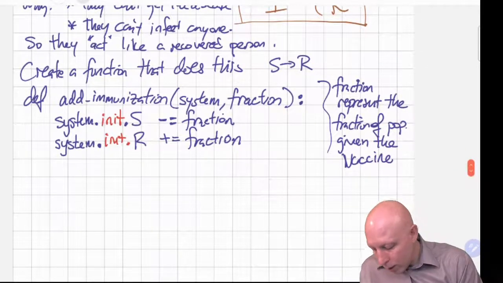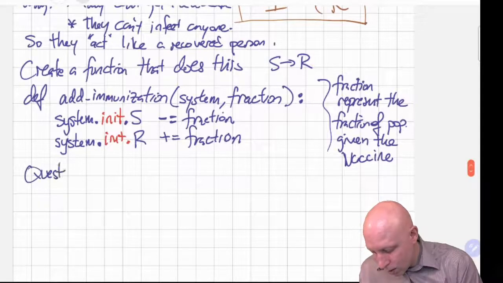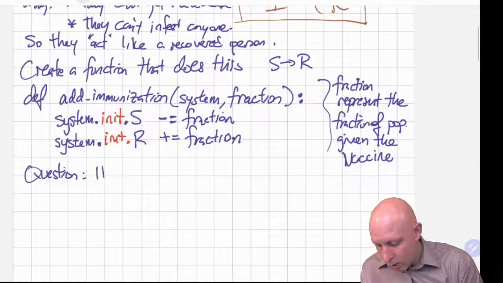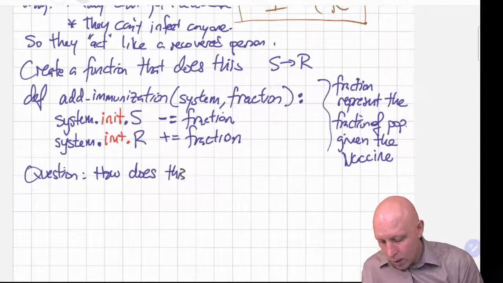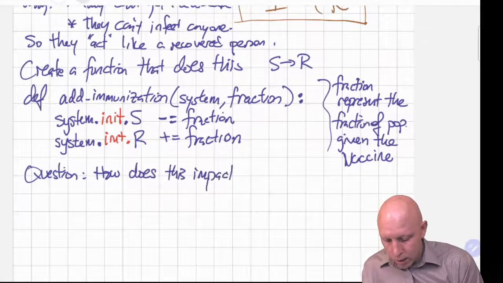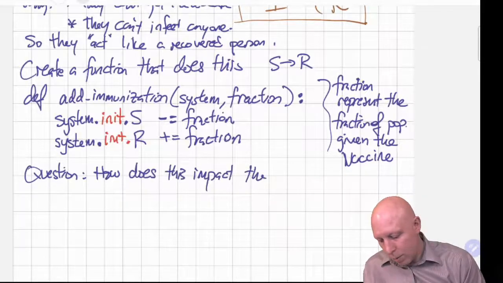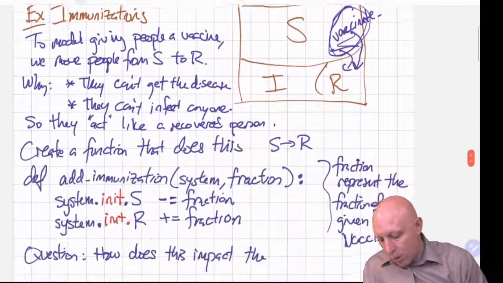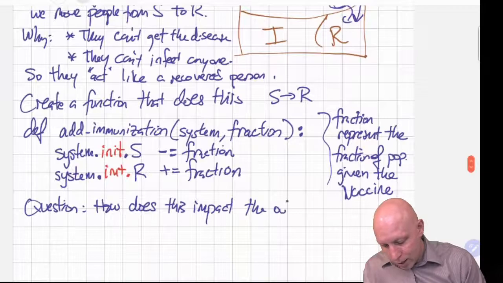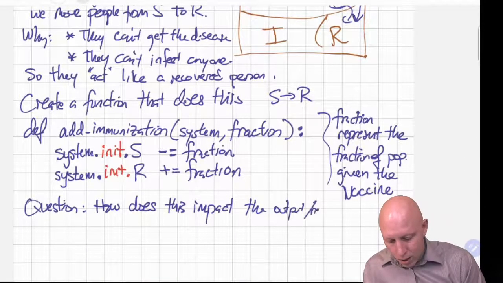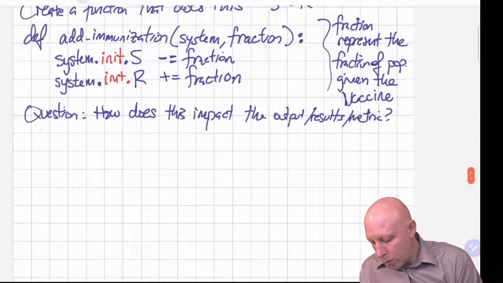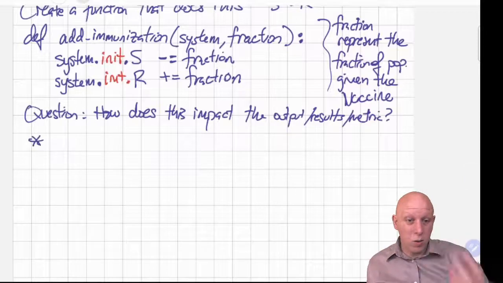So then our question becomes, how does this impact the model? How does this impact the output, results, metric? We can think about this in two different ways.